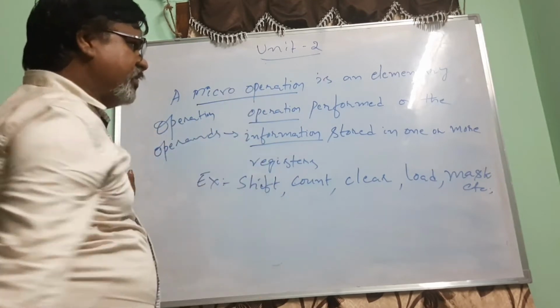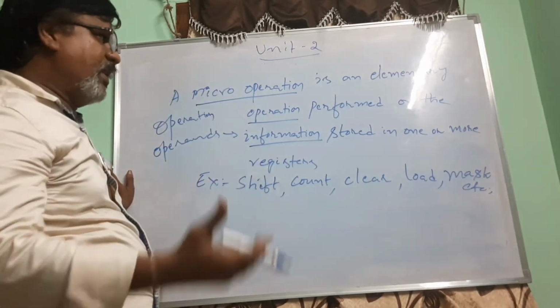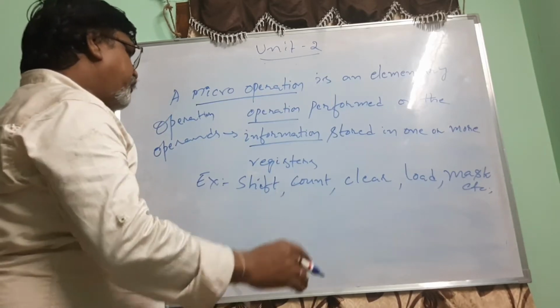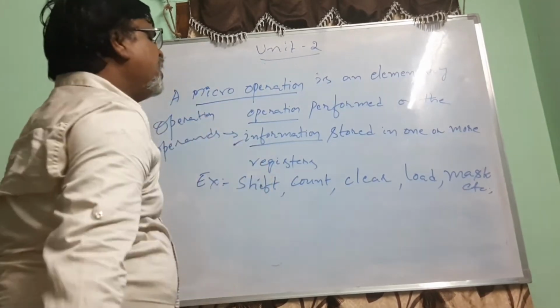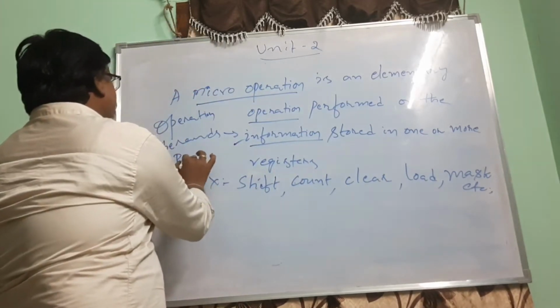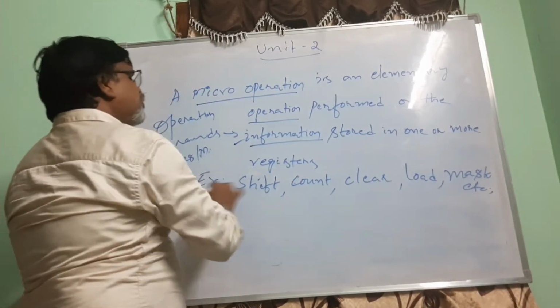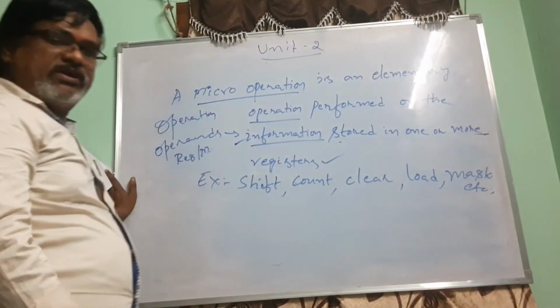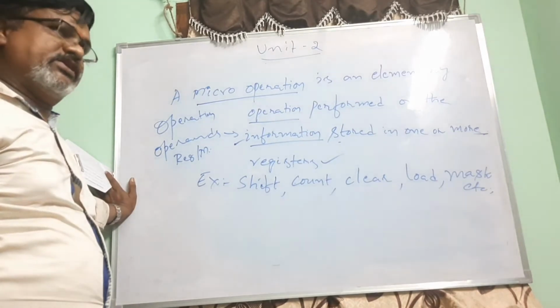So a micro operation is a basic or elementary operation used to perform some operation on information. Where is that information? I told you that information is stored in registers and memory, in one or more registers.